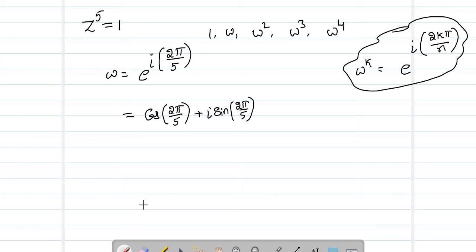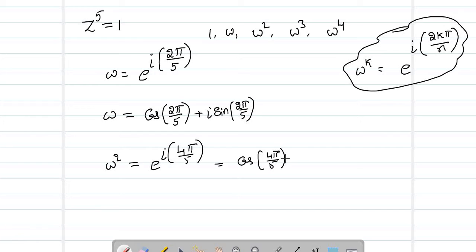Just this is what? Fifth root of unity, omega. And if you want omega square, that you can easily write, that is e power i 2 times k, that is 4 pi by 5. So this is exactly cos of 4 pi by 5 plus i sine of 4 pi by 5.